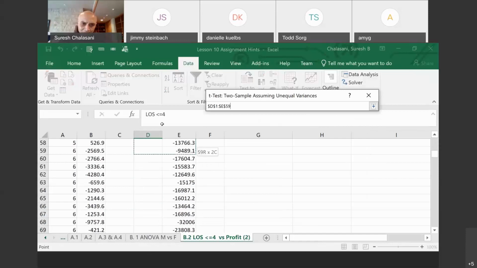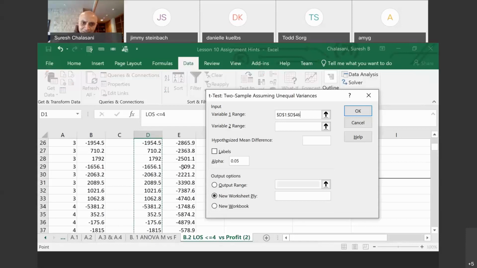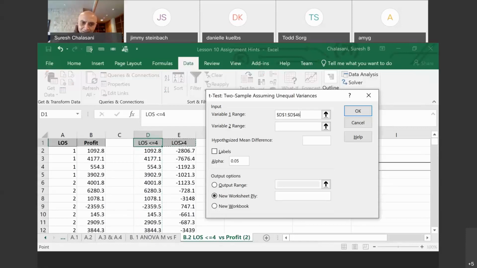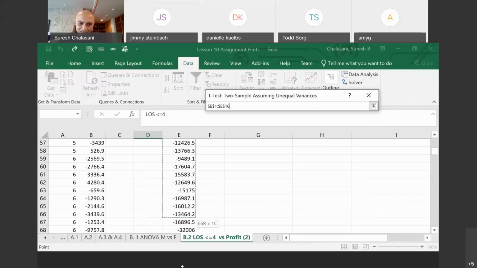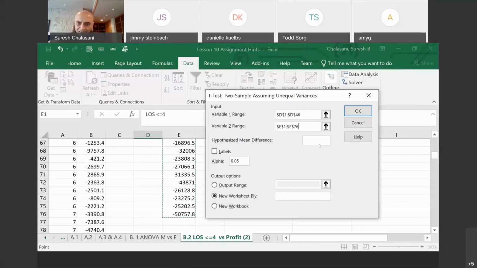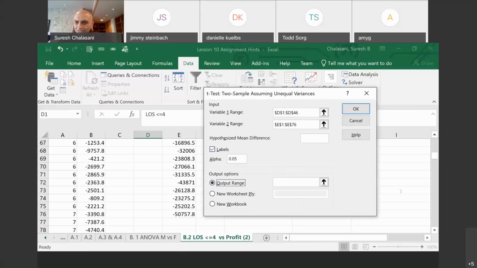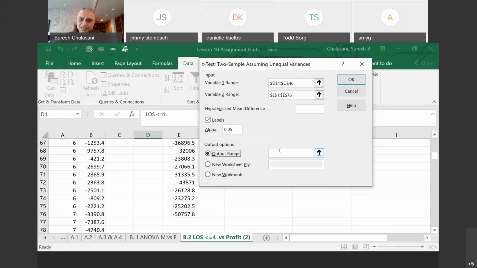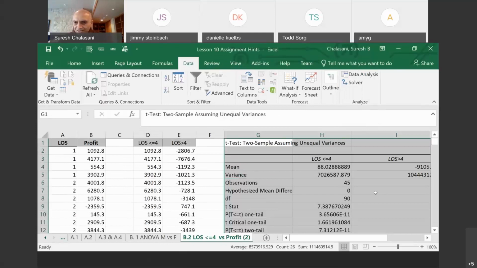And if you run that, the first variable is this, and the second variable would be this, and labels are in this, and the output range would be perhaps G1, and click OK. You should see the t-test difference.